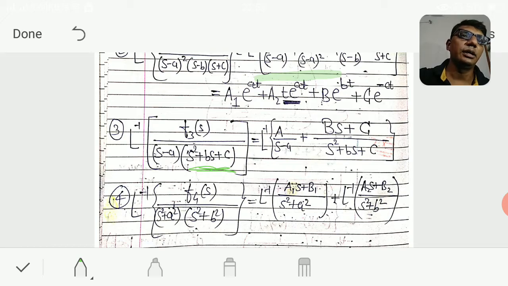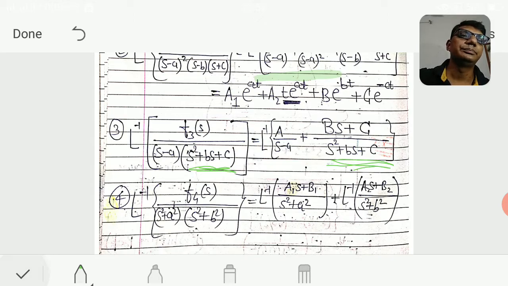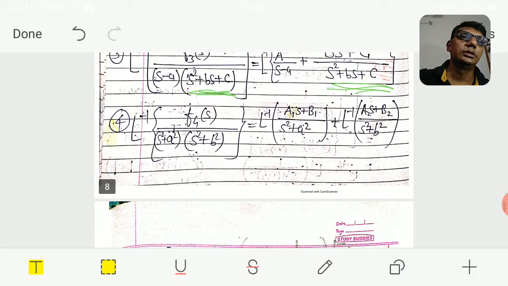We will write A upon s minus a plus (Bs plus C) upon s square plus bs plus c. Now in the next case, both factors are quadratic, then it can be separated like this: L inverse of (A1 s plus B1) upon (s square plus a square) plus L inverse of (A2 s plus B2) upon (s square plus b square).